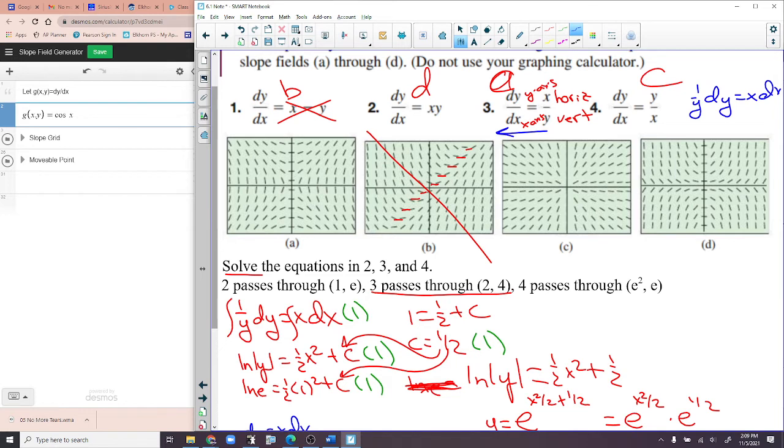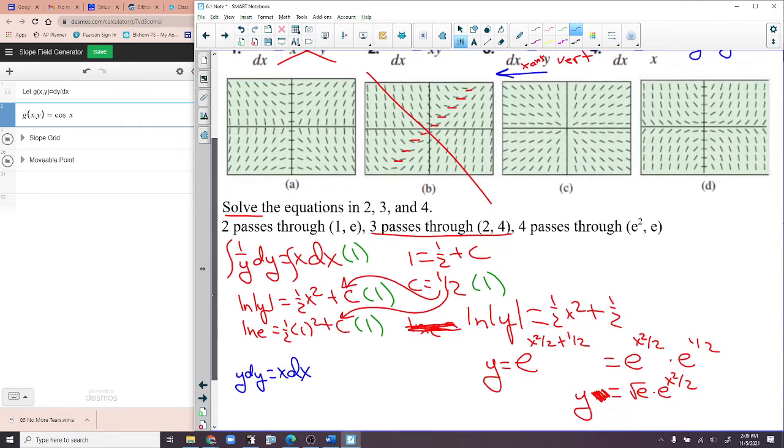Unless you go a little too fast, unless you don't think about it enough, unless you're just a little careless. Not dumb. That's not a dumb mistake. This is careless. You guys know how to get y to the other side. But if you go too fast, you're a little nervous on the test, you want to do things right, those little mistakes happen. I get it. But try not to do it. You got to multiply that over to get it to the other side, not just slide it over.